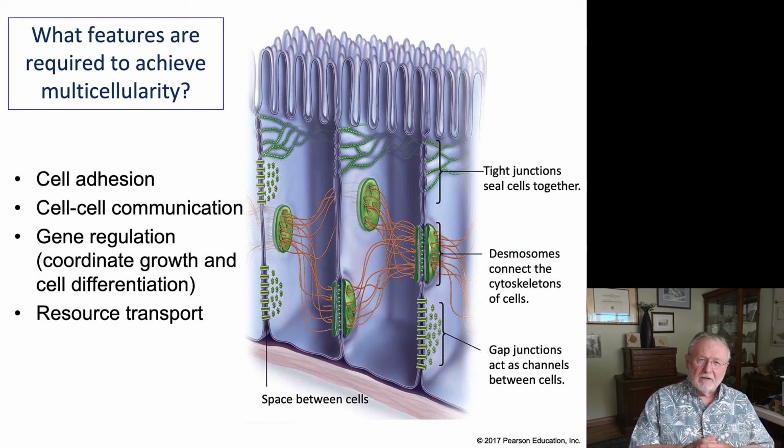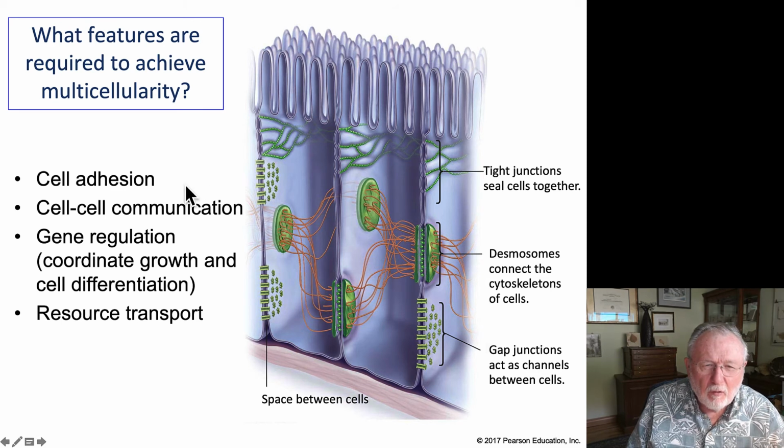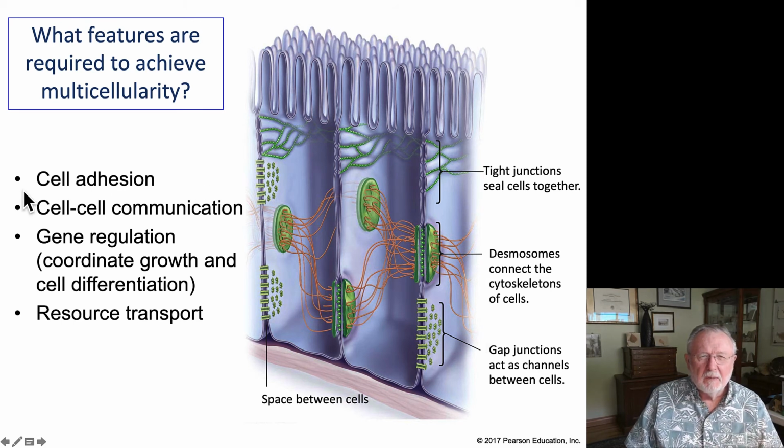So let's go back to multicellularity and describe that there are some key features for both simple and complex multicellular systems. You need a protein or some way for cells to adhere to each other. You need a way for these cells to communicate with one another.